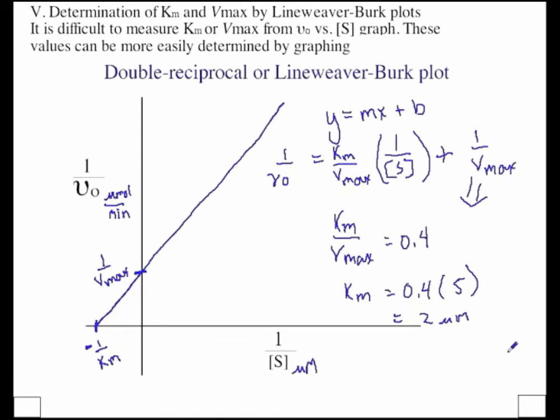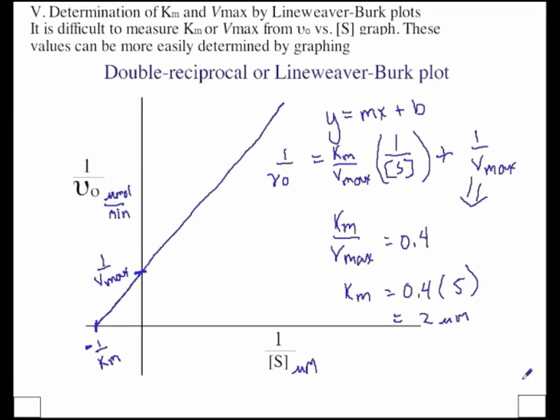Now there are other ways that you could go about doing that, right? You could also say that when x equals 0, at the y-intercept, that would give you 1 over Vmax as the value there.